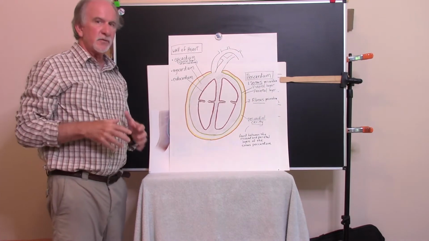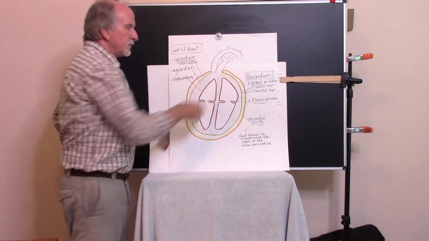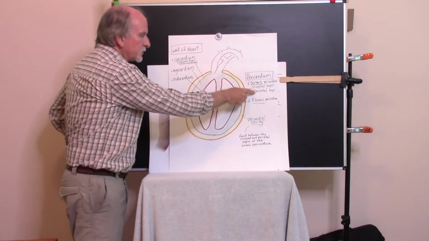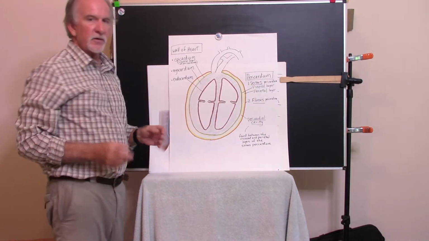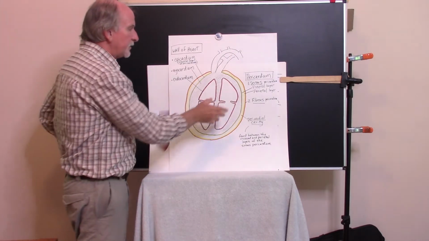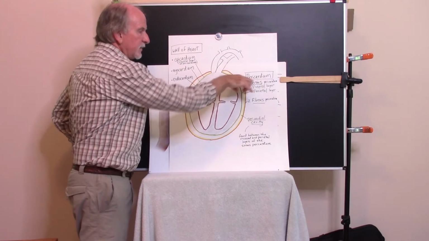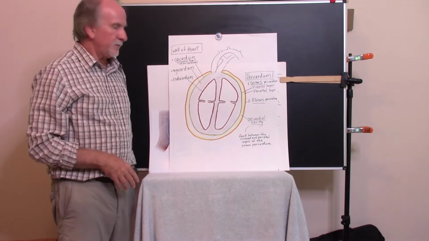And then what I've drawn there in yellow would be the two layers of the serous pericardium. But the visceral and the parietal layers together make up the serous pericardium. There's a fluid-filled cavity found between the two layers of the serous pericardium, known as the pericardial cavity.